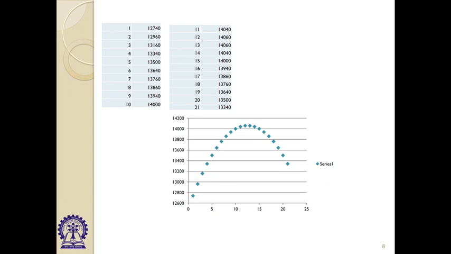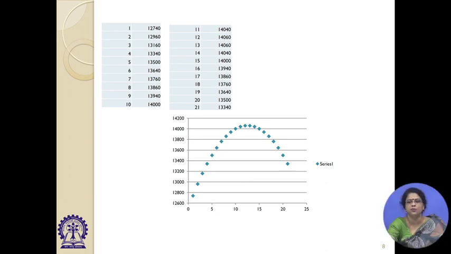Here we see the points 0, 1, 2, 3, 4, 5 like that, up to 21 we could calculate. One thing we can say is that within the range of 0 to 21 the function is unimodal. Whenever we get a function, it is better practice to judge the property of the function.